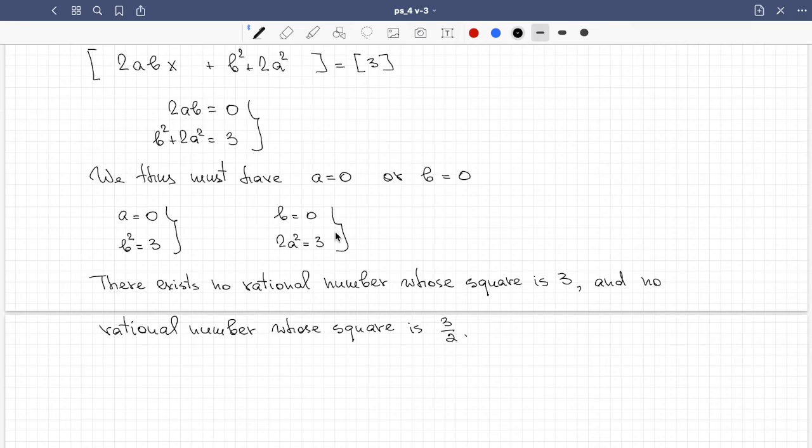Same here with 3 over 2. So that can be easily proved using the fundamental theorem of arithmetic.